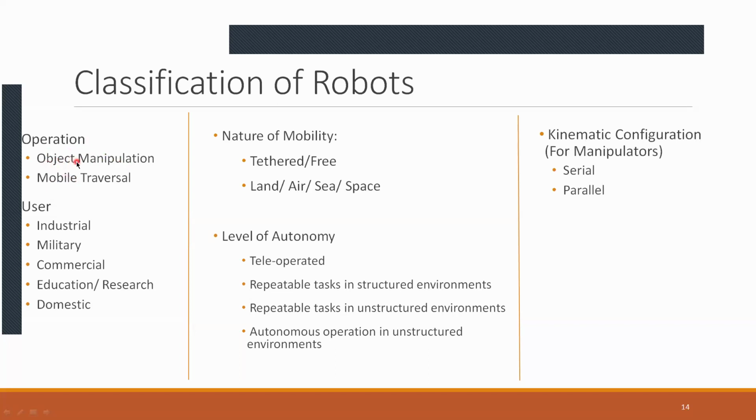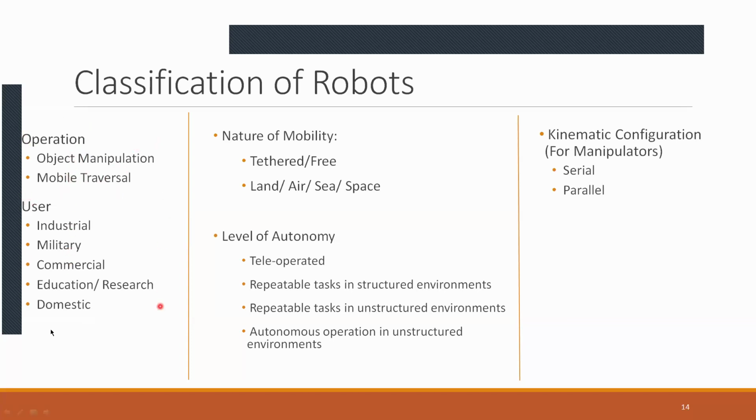For example, 6 degree of freedom, articulated, Cartesian, SCARA, Delta, and all those robot arms I would consider as robots which do object manipulation, and AGVs, AMRs, and all that which you see in industry, I would call robots which do mobile travel. So that classification is based on how these robots operate.